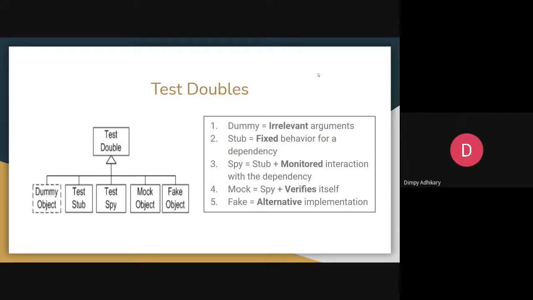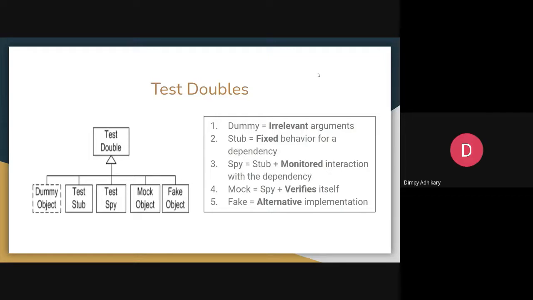So spy and mock, those two are important actually. When you say mock, mock object means you can define what that object will do and what exactly that object will return. Those kinds of things you can control.